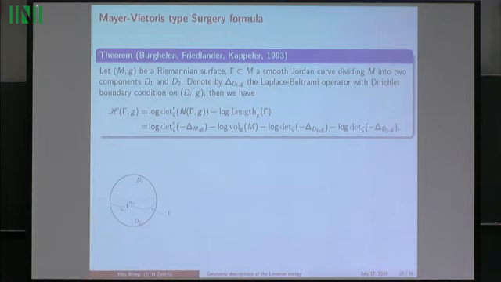This is a result from Burghelea, Friedlander and Kappeler, stating that basically you can write this functional H as the log of determinant of the Laplacian on the whole sphere, minus the log of the volume of this manifold, the sphere, minus the zeta-regularized Laplacians in D1 and D2.